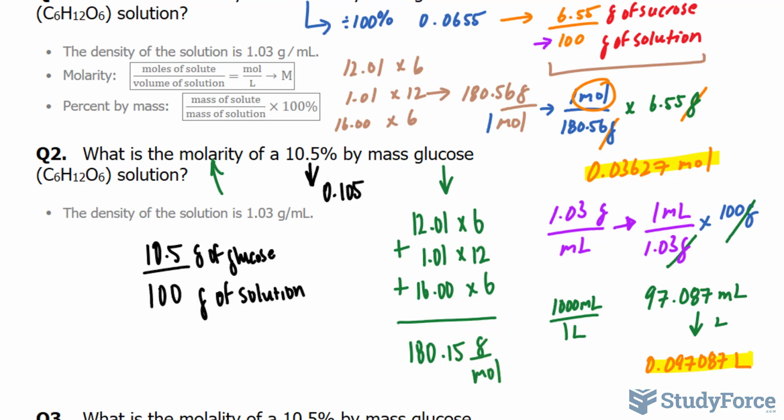Using this ratio, I can reciprocate it, where I have 1 mole at the top and 180.15 grams at the bottom, and multiply it to this mass times 10.5 grams of glucose. This will cancel out these units, leaving us only with the moles of glucose.